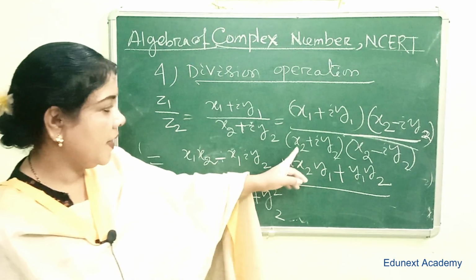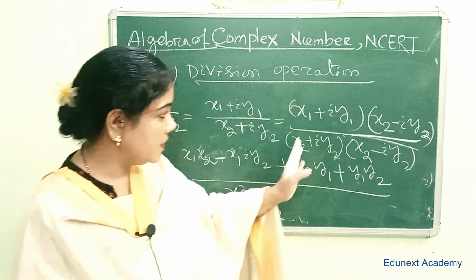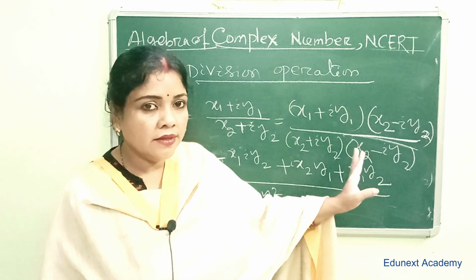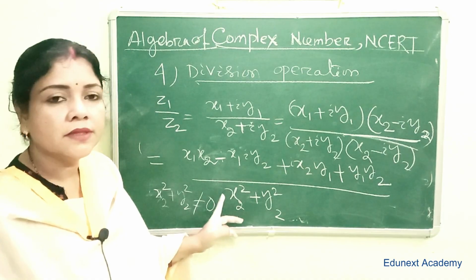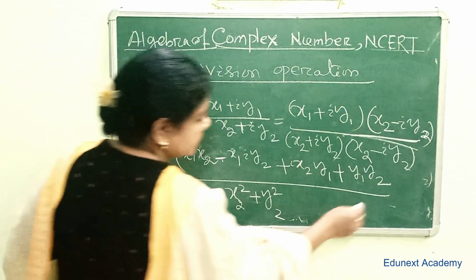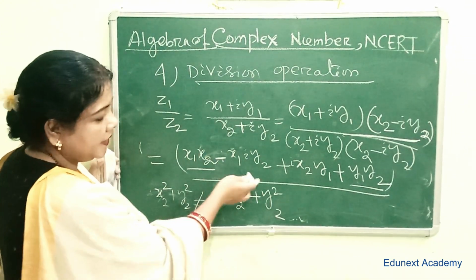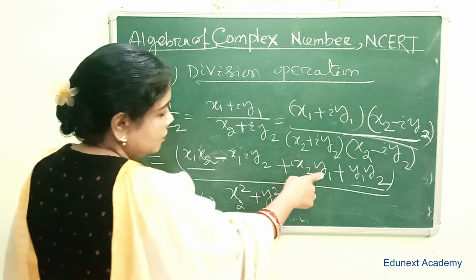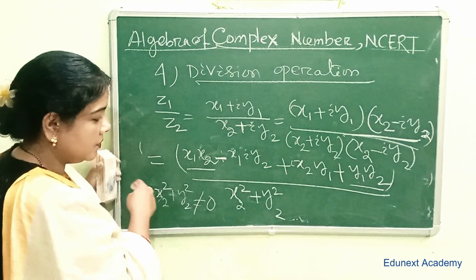So here a is x2, so x2 square minus y2 square, but as i is present, i into i is i square, that is minus 1. So minus and minus 1, that becomes plus. That means x2 square plus y2 square. And simply you need to simplify the numerator. You take the terms together and take i common: x2 y1 minus x1 y2. So it becomes very simple.